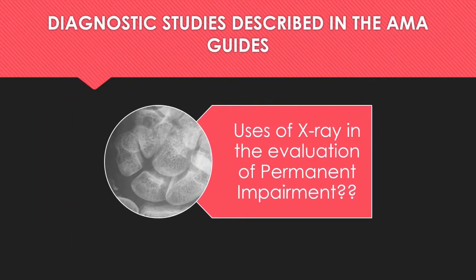Okay, so considering chapters 15, 16, and 17, what are the uses of X-ray studies in the evaluation of permanent impairment? Let's take a look at each of these chapters individually.